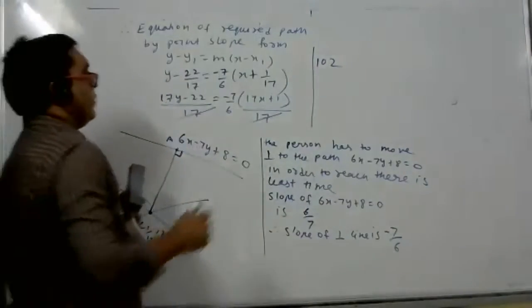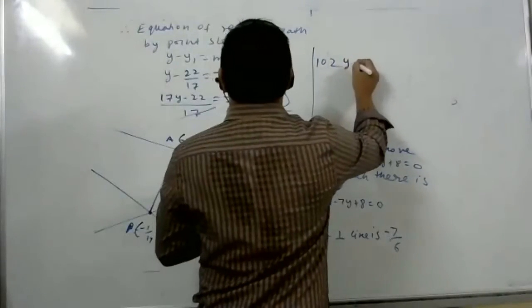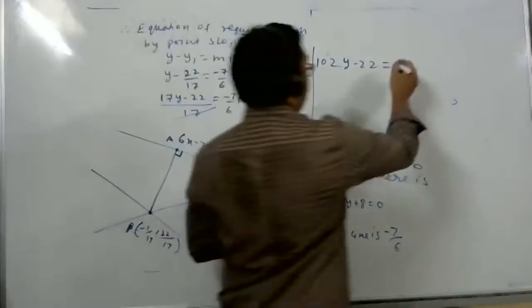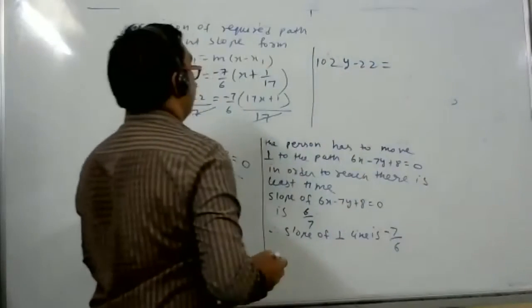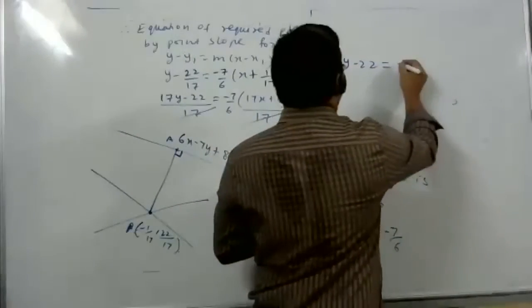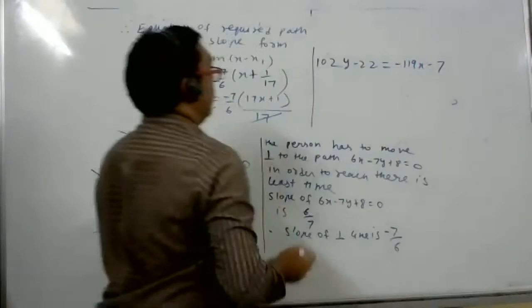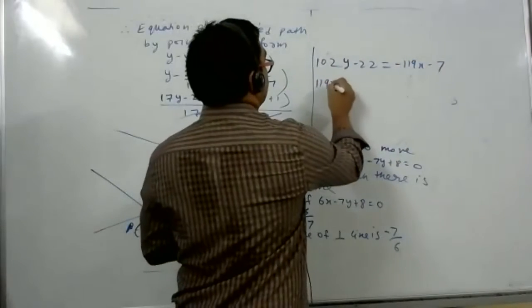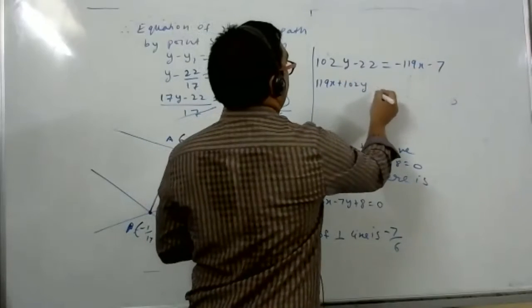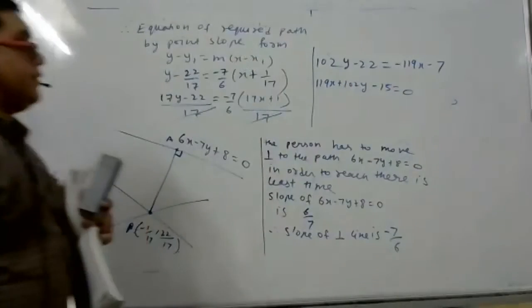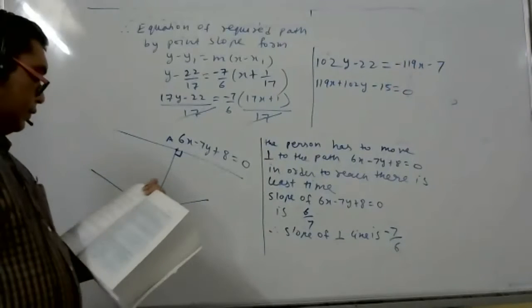Correct. 102y minus 22, 17 sevens are 119, minus 119x minus 7. This answer we are getting: 119x plus 102y minus 15 is equal to 0. One of you check the answer. This is the answer. Looking very odd.